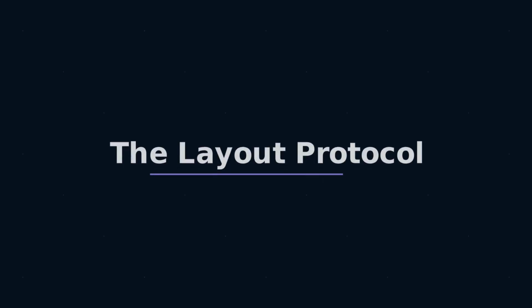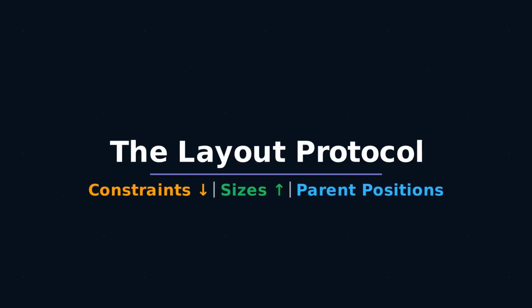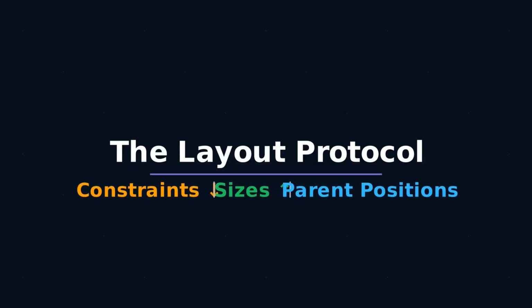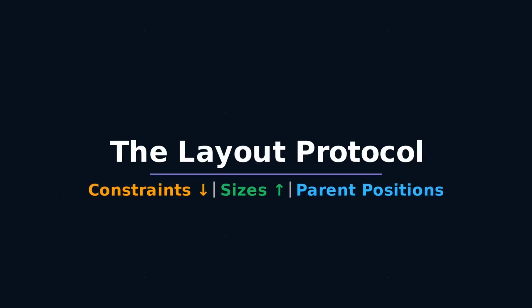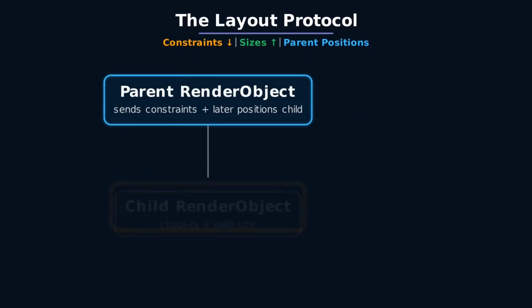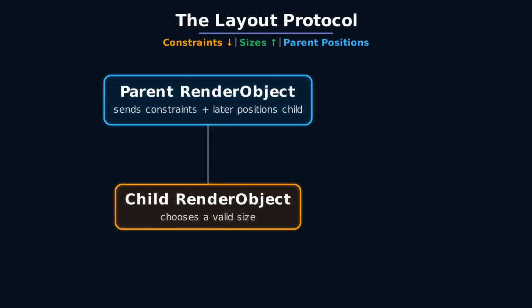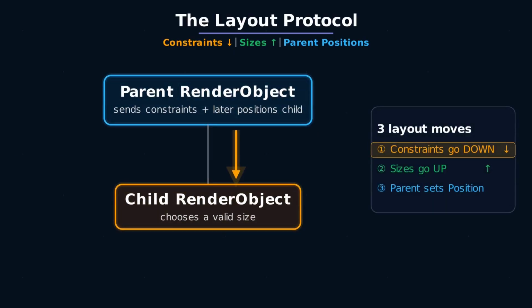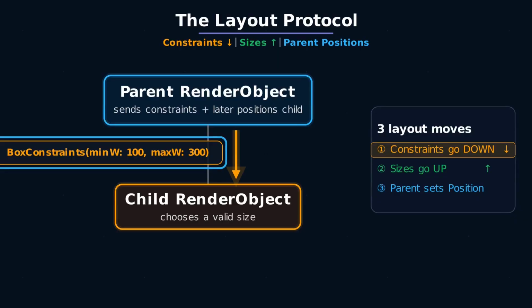Let's go deep on layout first, because this is where Flutter's genius really shows. Flutter uses a layout protocol with a very simple but powerful rule. Constraints go down, sizes go up, parent sets position. Let me explain this with an example. Imagine you have a parent widget, and inside it a child widget. The parent tells the child, you must be at least 100 pixels wide and at most 300 pixels wide.